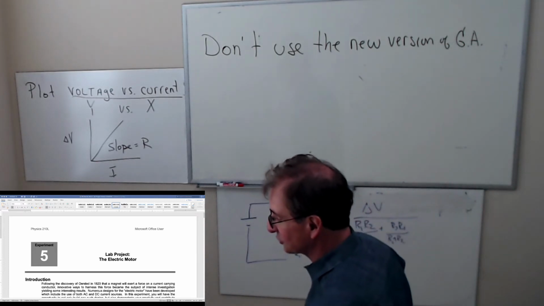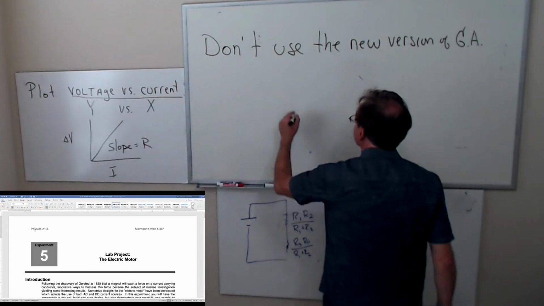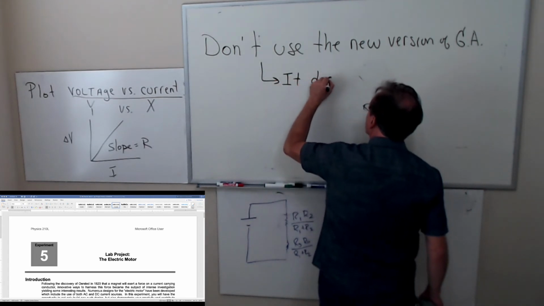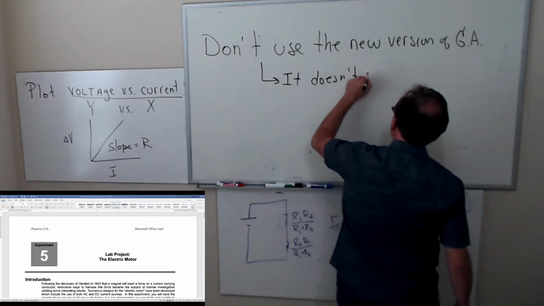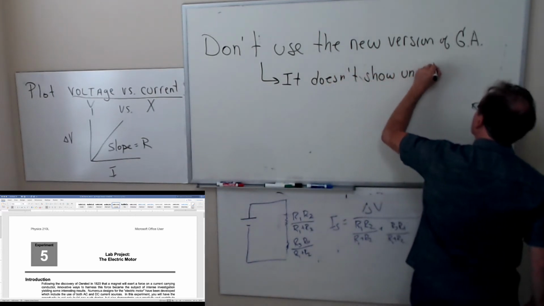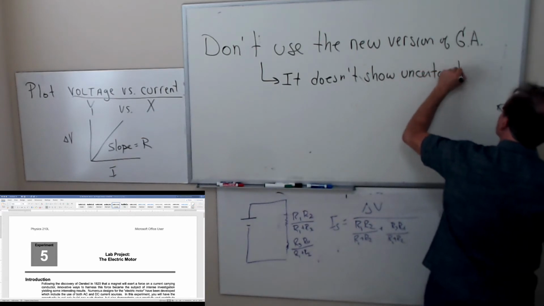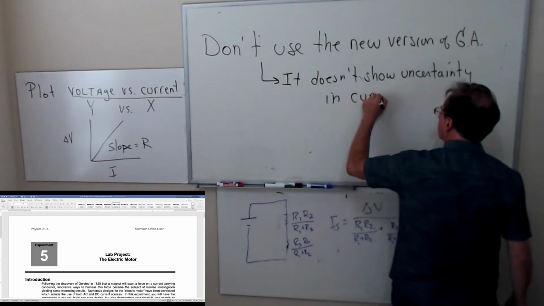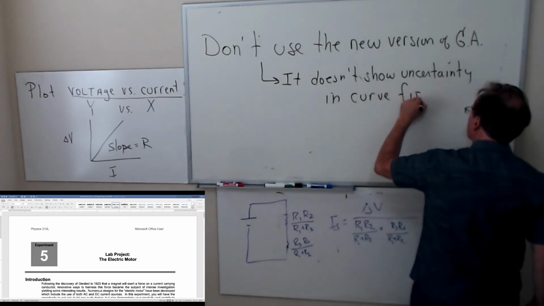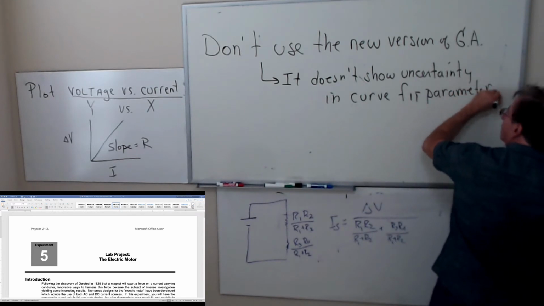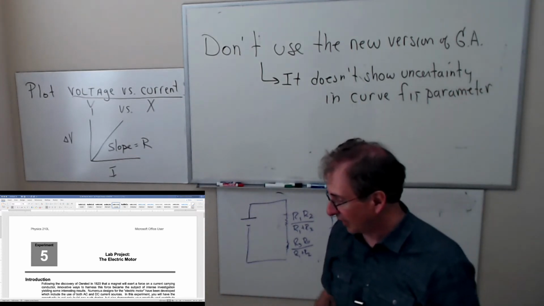It doesn't show the uncertainties in your curve fits. I'm going to write it down so when you see the video. Okay, so don't use the new version of graphical analysis.